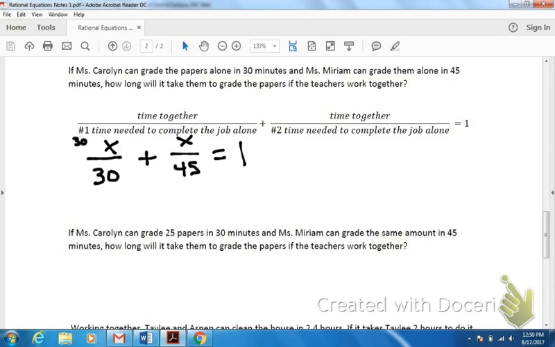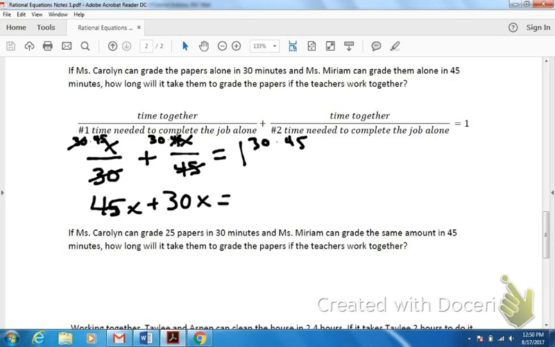30 and 45. Okay? So we're multiplying all of them by 30 and by 45. But this first one has a 30, so the 30 would cancel, right? This would become 45x. This one, the 45, would cancel, and I would have 30x.